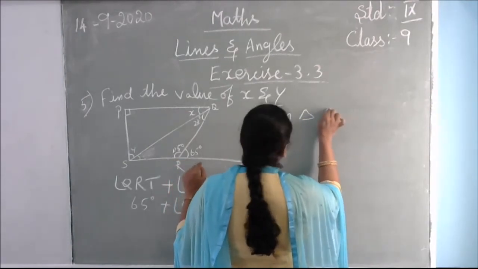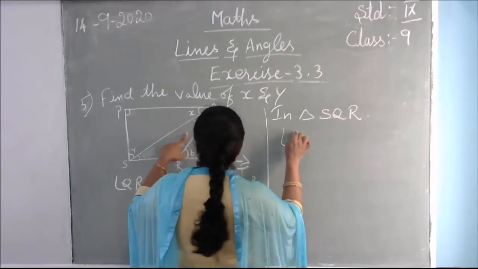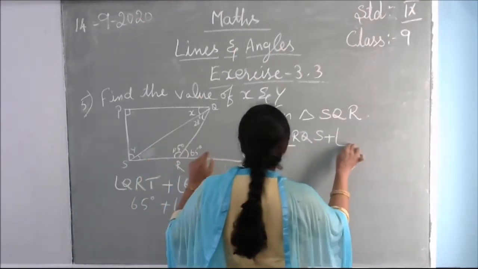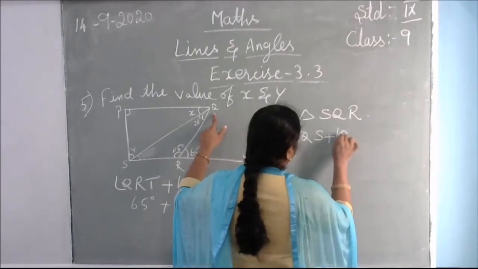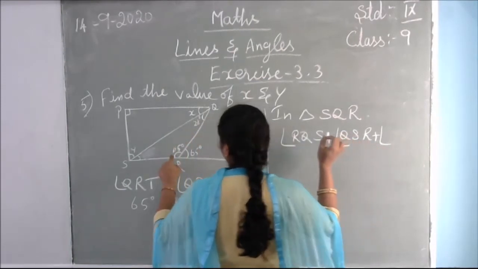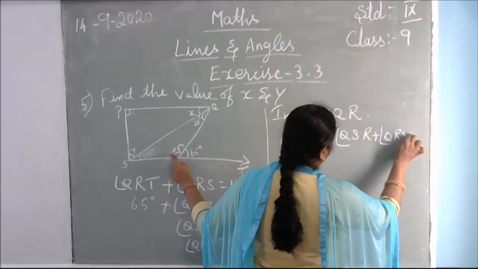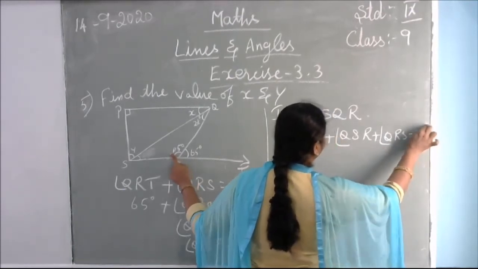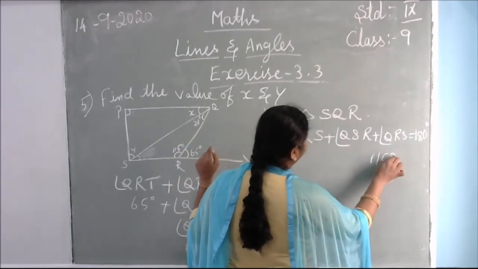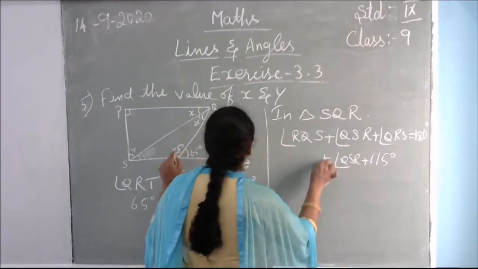Okay. So now in triangle SQR, angle RQS plus angle QSR plus angle QRS is equal to 180 degrees. Angle QSR only we should find out.